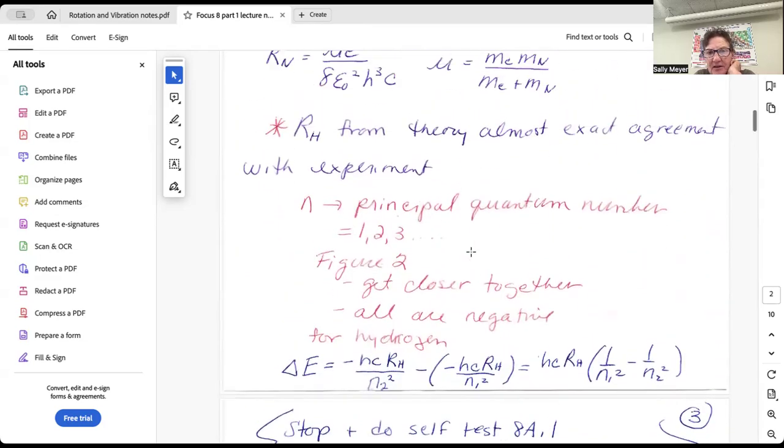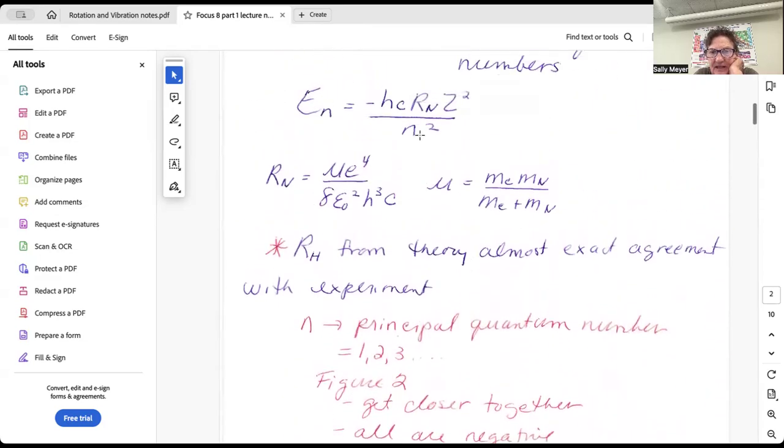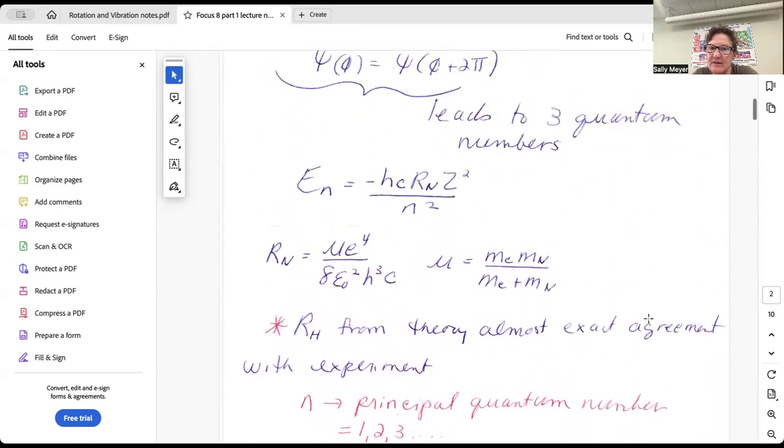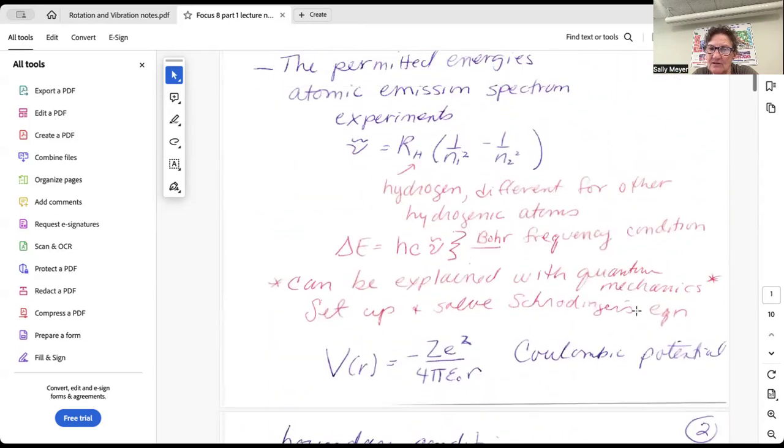So if you take the equation for energy and you say, I've got N1 and N2, so I've got the energy of two different states, and I look at how far apart they are, then I just take energy of state 2 minus energy of state 1, and you come up with Hc, the Rydberg constant for hydrogen, times the 1 over the integer squared. And so that shows you that this from theory is exactly matching the functional form that was derived from fitting experimental data.